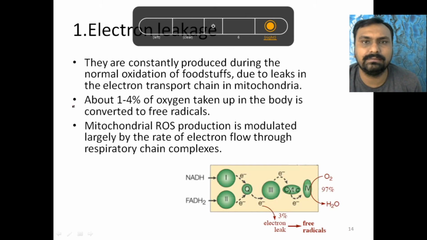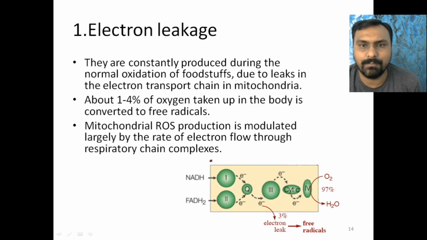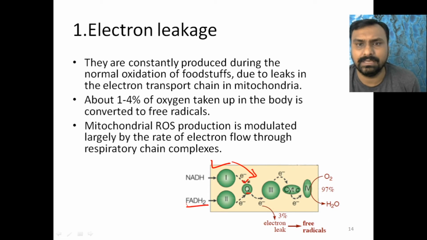Here you can see that from complex 1, electrons are transmitted directly to ubiquinone. Complex 2 also transports directly to ubiquinone. Then they transfer electrons to complex 3, and complex 3 transfers electrons to cytochrome C. Coenzyme Q and cytochrome C are the mobile carriers of electrons, and ultimately electrons are transmitted to oxygen.